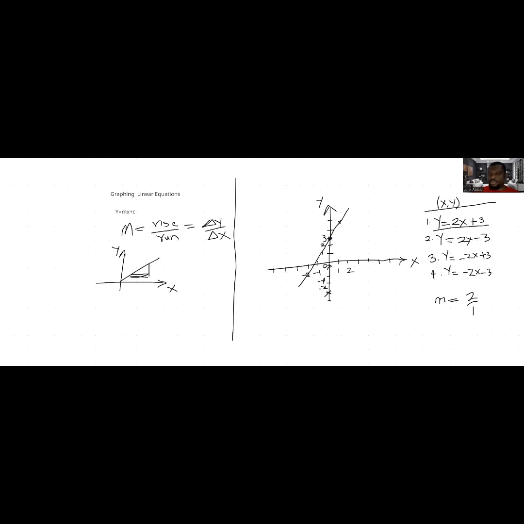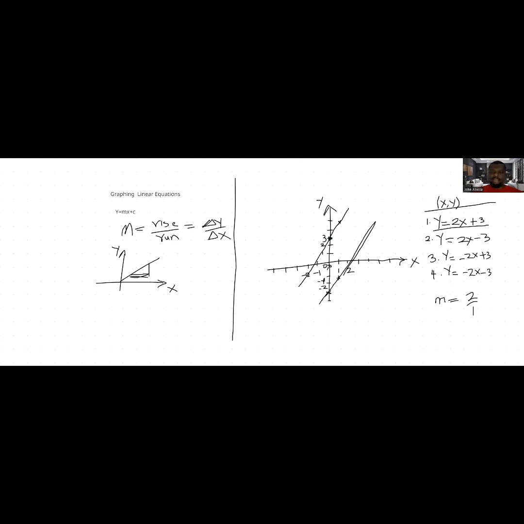The slope is positive 2, which means we'll rise 2 points up from this point, and then move to the positive x-axis by 1 point, to this point. So this is the second point. We'll join the 2 points together, and then we have the line y equals 2x minus 3.